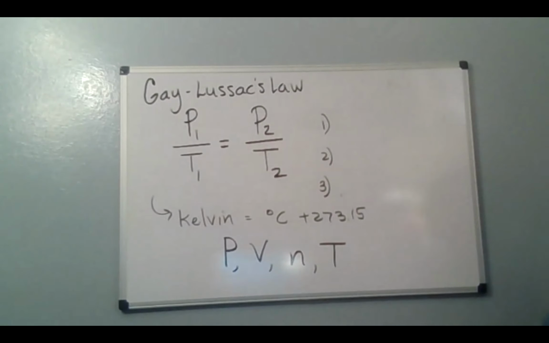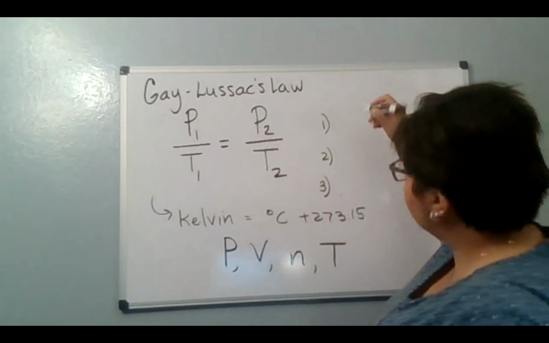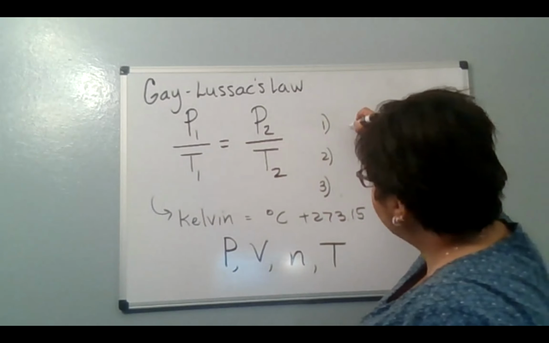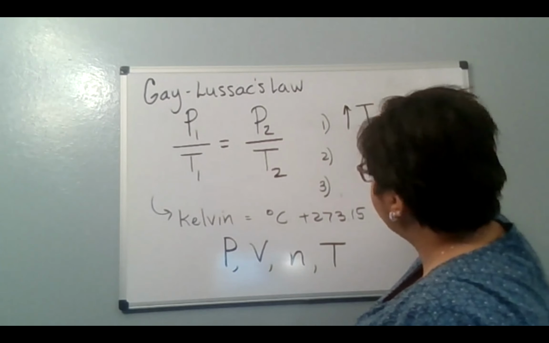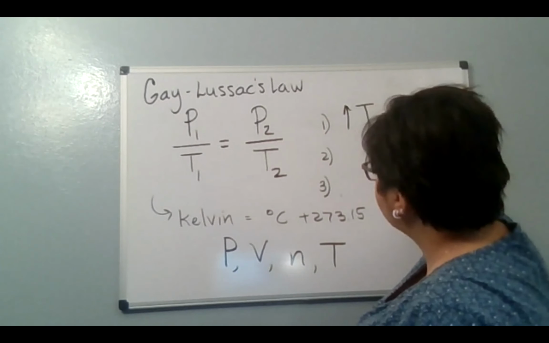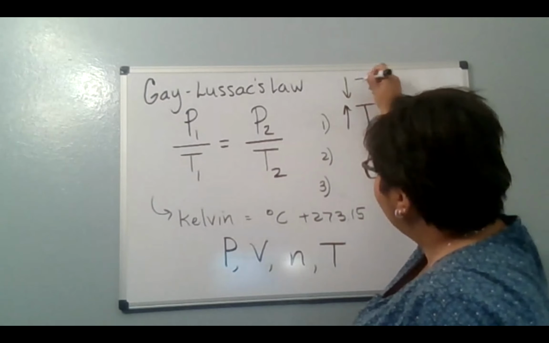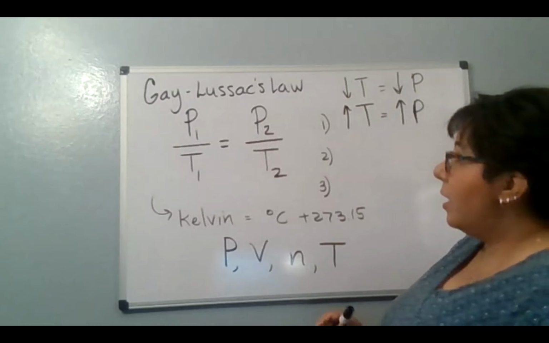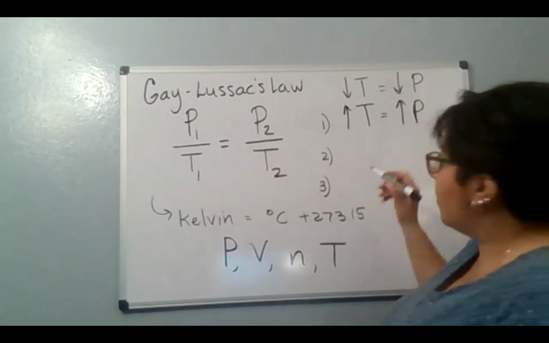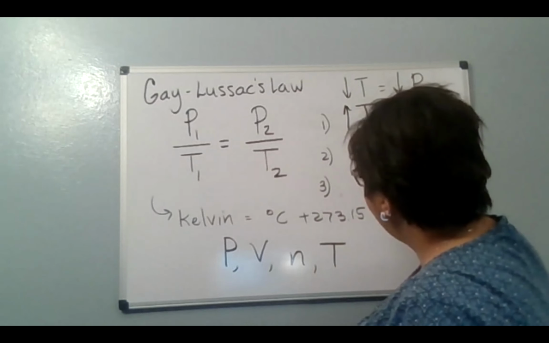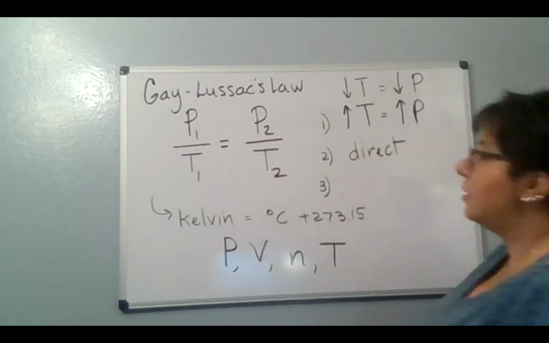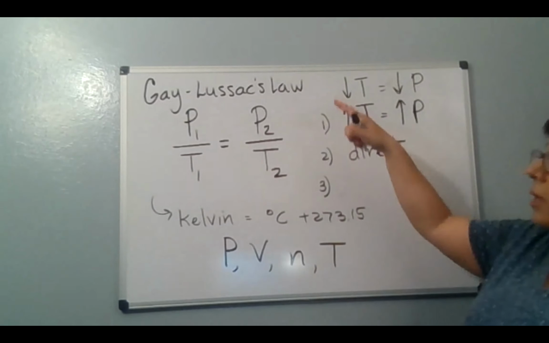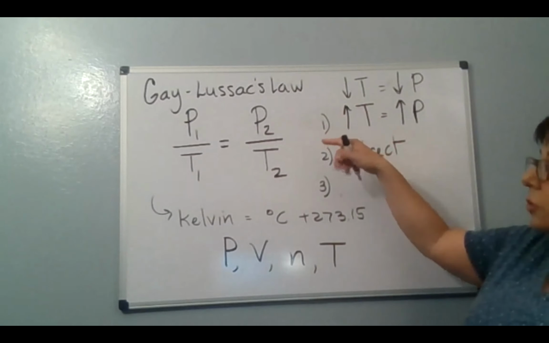So for this law relating pressure and temperature, it's also a direct relationship. It says basically when you increase the temperature of a gas, you also increase the pressure of a gas. Or it could be if you decrease the temperature, you decrease the pressure. Again, when the arrows go in the same direction, that is a direct relationship between the pressure and the temperature of a gas.